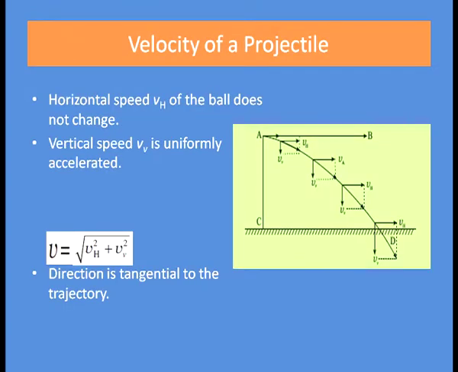Suppose a boy at A throws a ball with an initial horizontal speed. According to Newton's second law, there will be no acceleration in the horizontal direction unless a horizontally directed force acts on the ball.